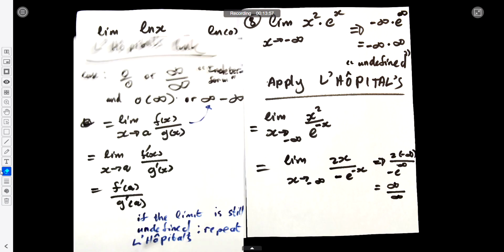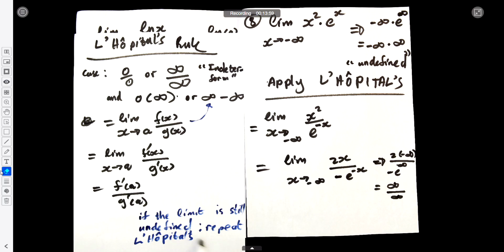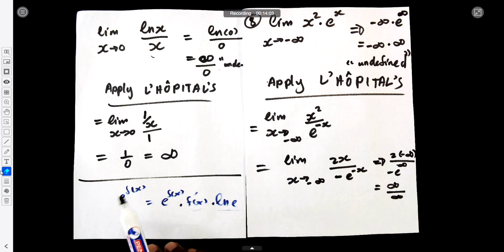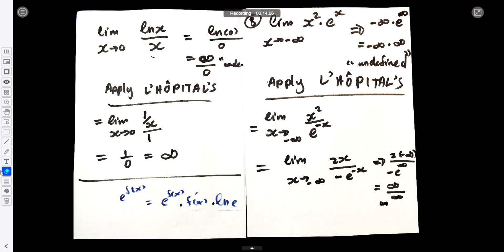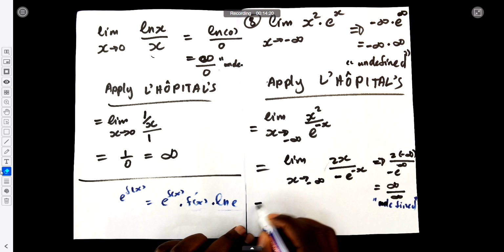It means that if the limit is still undefined, we have to repeat L'Hopital's rule. So repeating on the same function, we differentiate.